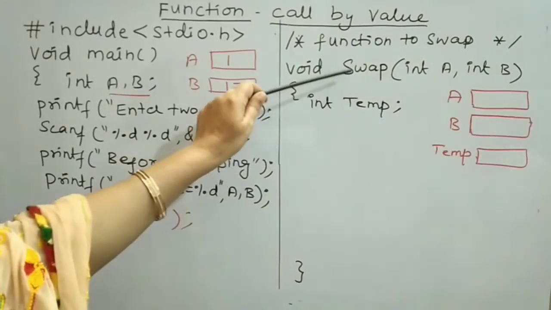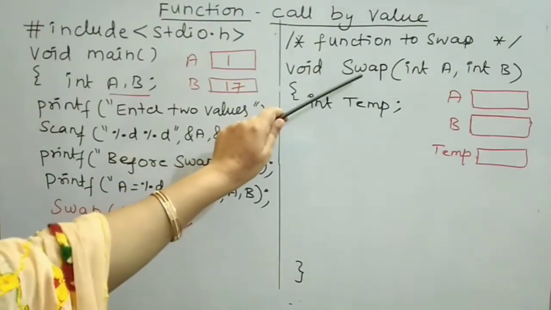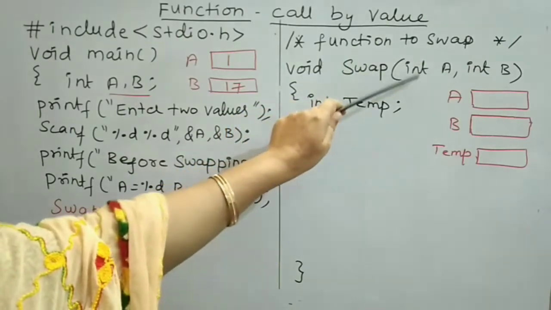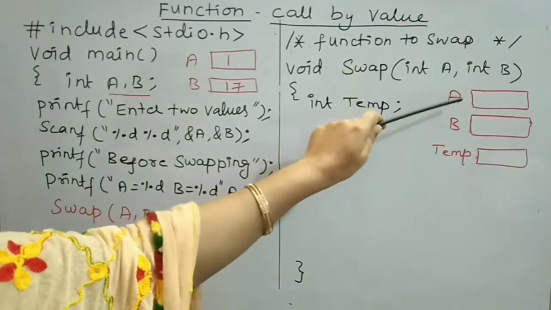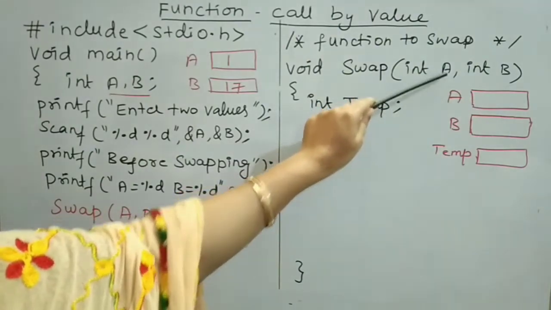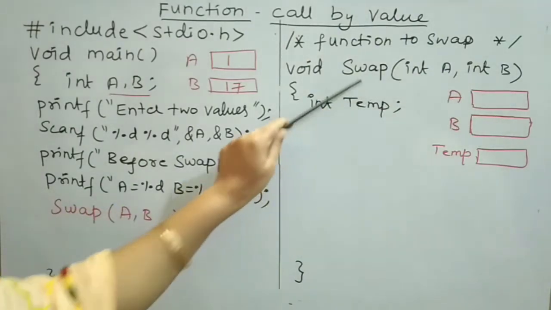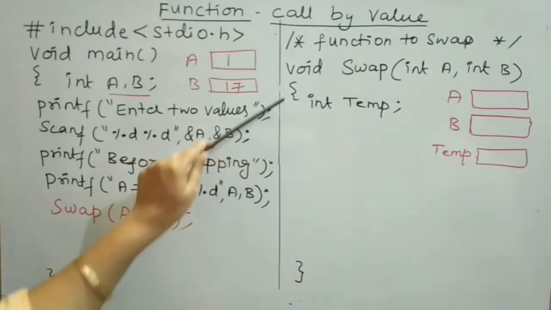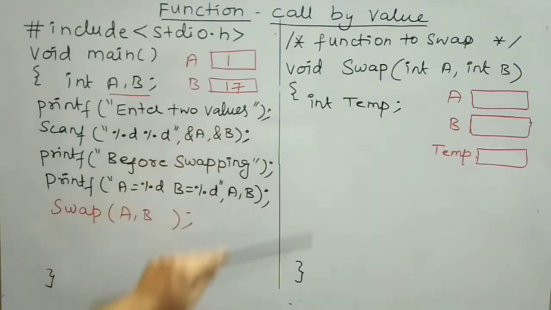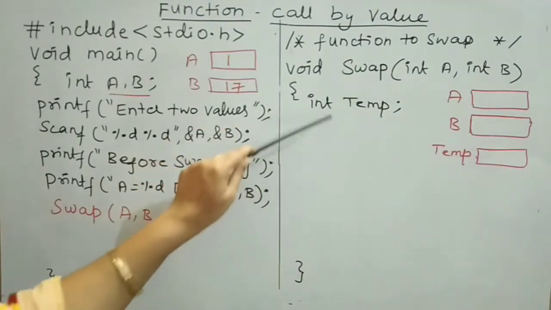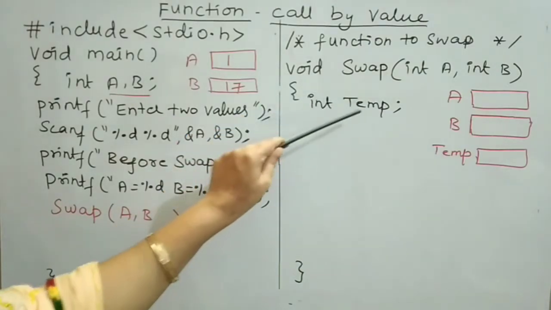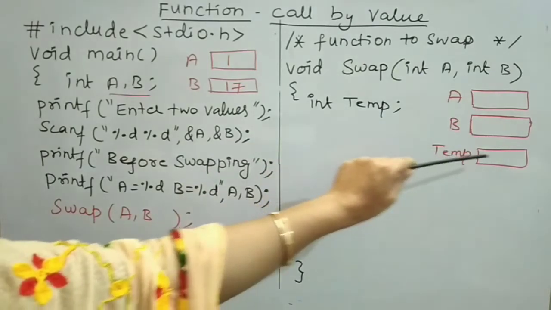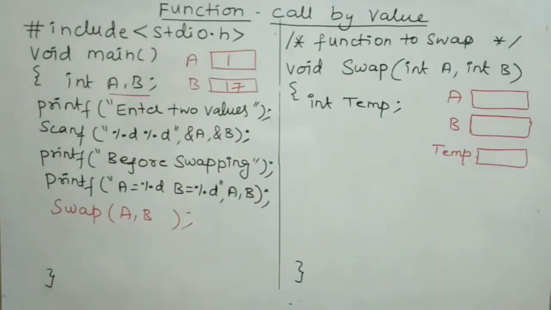So the compiler will reserve memory space for this a and the variable b. In addition to this, inside the function definition, within the two curly braces, we have defined one more variable which is local to this function. So for temp also it allocates some memory space.